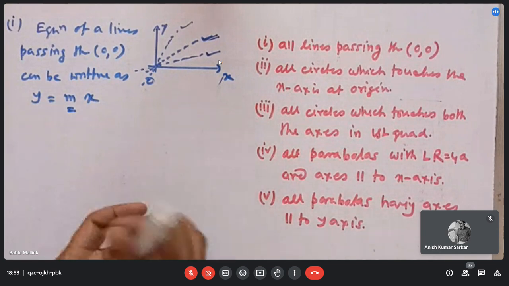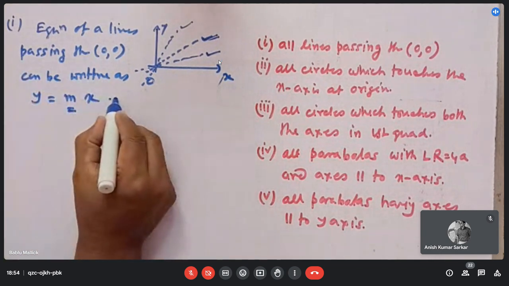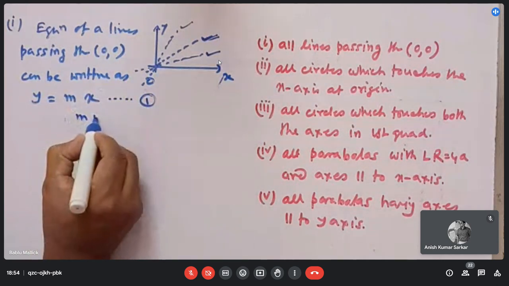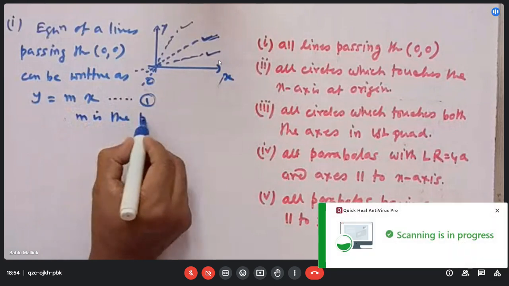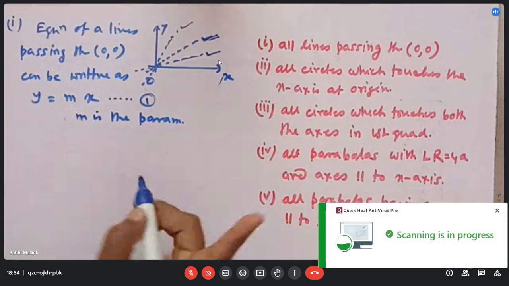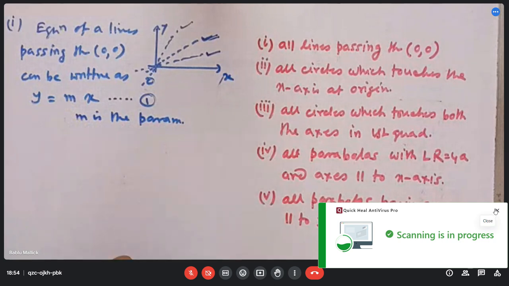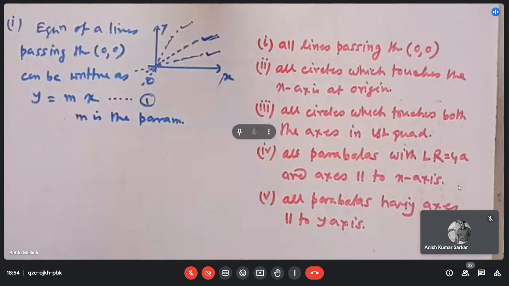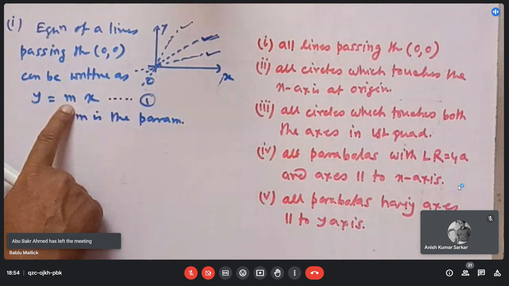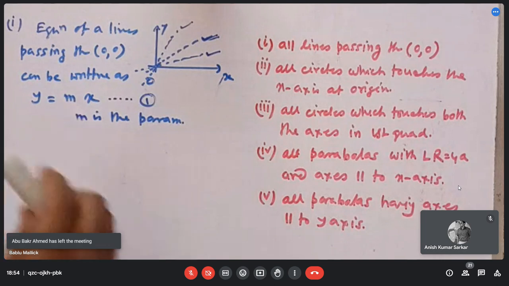So m is the parameter, and this is equation number 1, and right here m is the parameter. Now just like the previous problem, we shall eliminate the parameter. So we want to keep the parameter free from x and y.